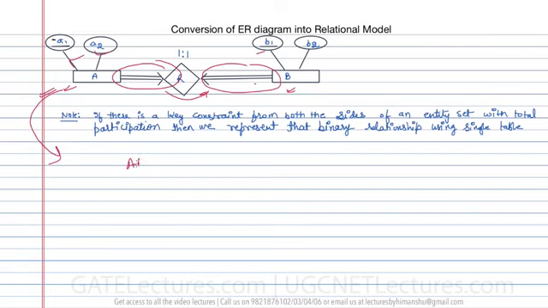Assuming the name of that new table is ARB, it is going to have A1, A2, B1 and B2, where A1 and B1 combined create the primary key of this. So if there's a key constraint from both sides of an entity set with total participation, then we represent that binary relationship using a single table.